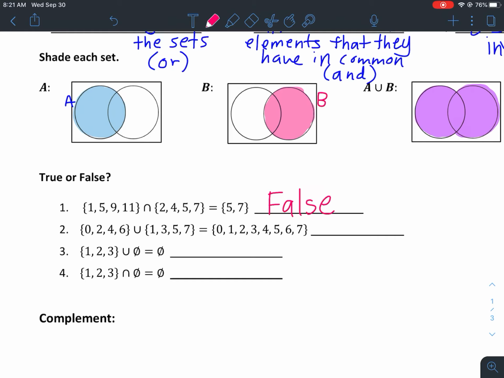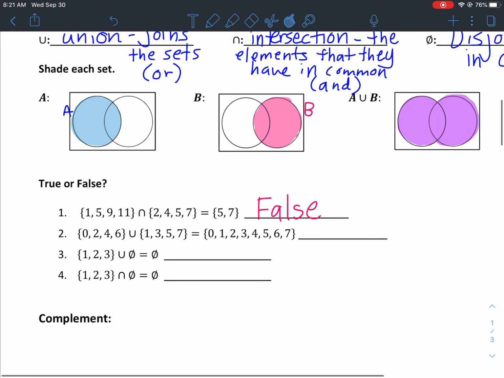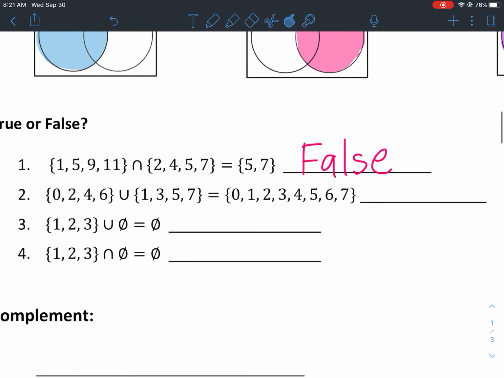For number 2, we now have the U symbol in between, which means union. So the set of 0, 2, 4, 6, union 1, 3, 5, 7. So that means we're joining the two sets together. So basically what we're doing is we're writing down all of the elements. So let's make sure we have all of those written down. Do we have 0? Yes. 2?